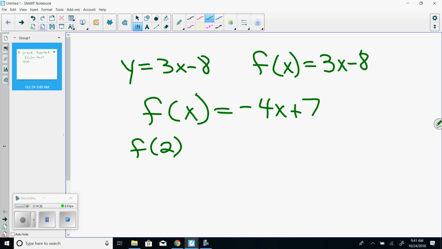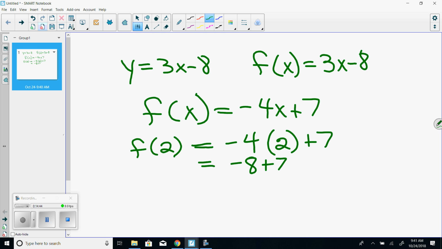Very good. So for f of 2, it's going to be negative 4 times 2 plus 7. Negative 8 plus 7, negative 1. So f of 2 is negative 1. And remember, the f of x is your y. So 2 is your x, negative 1 is your y.